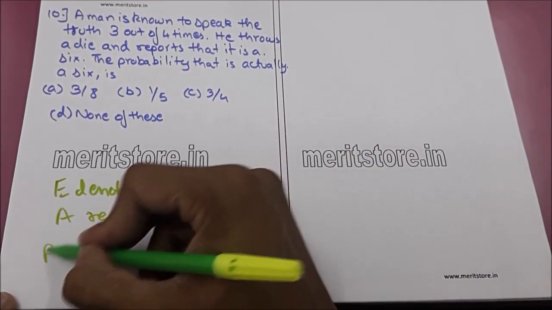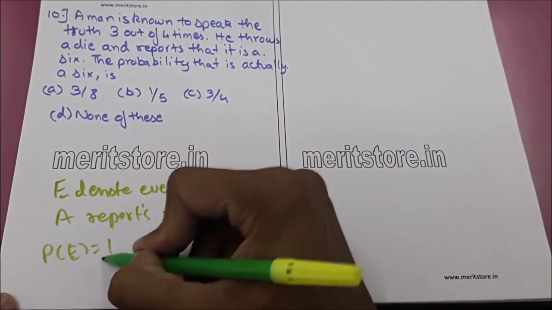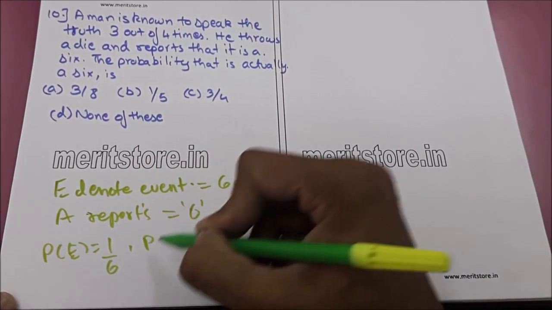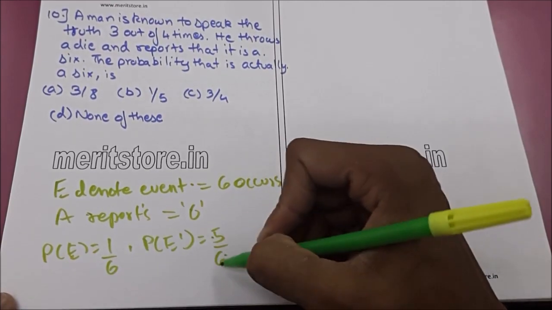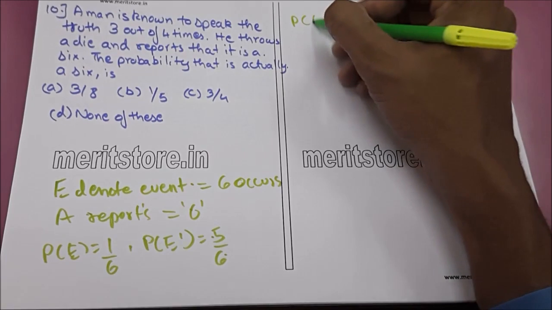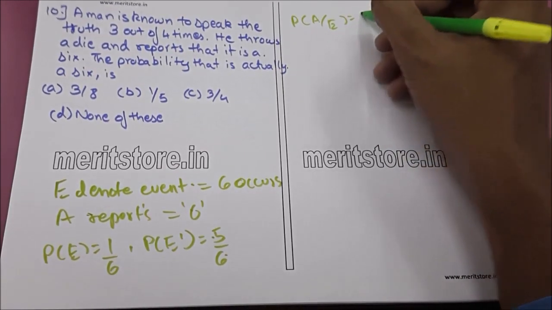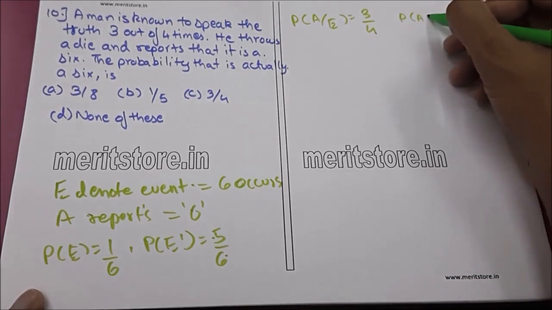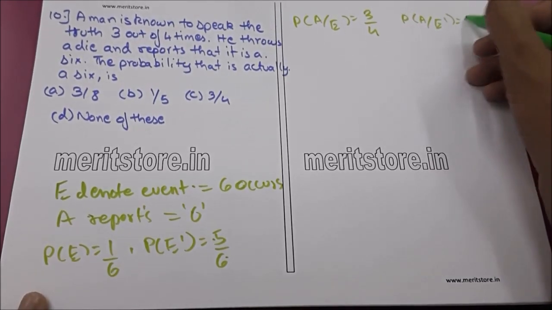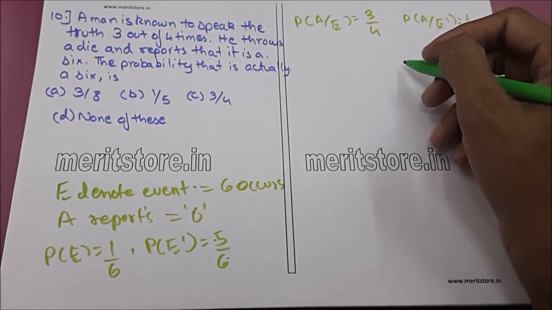So we have P(E) is equal to 1 by 6. P(E complement) will be 5 by 6. So we have P(A given E), which can be written as 3 by 4, and P(A given E complement) is 1 by 4.